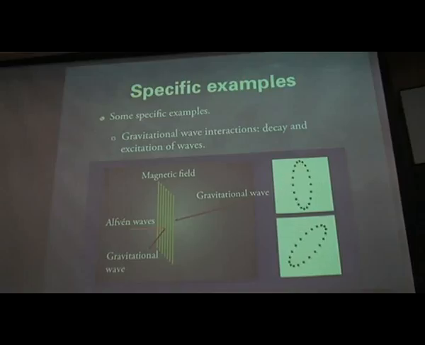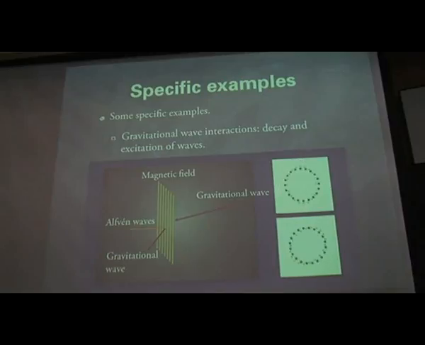If you look at a very simple situation in which you have a magnetic field, just like you showed, wouldn't you expect waves which are a combination of Alfvén and gravitational waves? Exactly, yes, they're mixed. That's absolutely right, you will get such combinations.